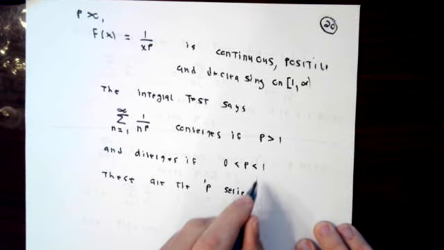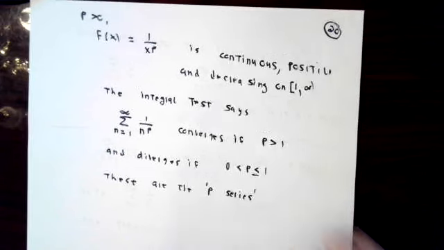And because of case 3, the series actually diverges for p numbers that are bigger than 0 and less than or equal to 1. These kinds of series, for obvious reasons, are called p-series.